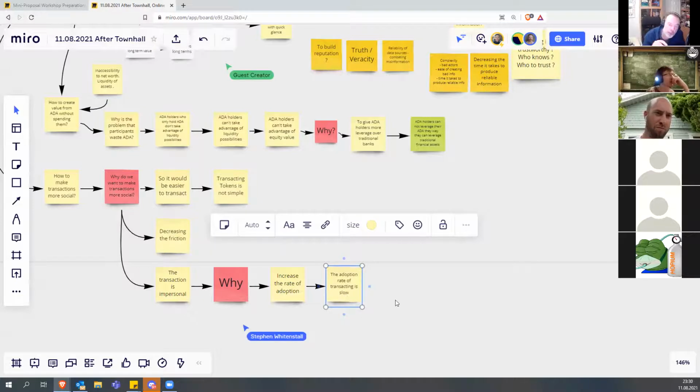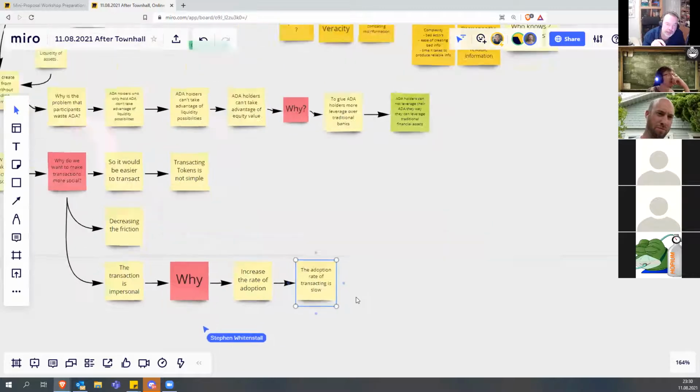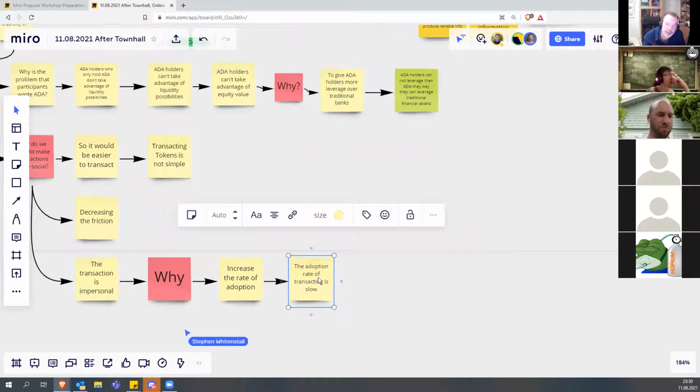No, I think what we missed there is that the adoption rate is slow because it's impersonal. So that's part of the problem. It's not just that the adoption rate is slow, it's slow because it's impersonal. I wouldn't say it's necessarily impersonal as a state of being, but I guess it's not as personalized as it could be.